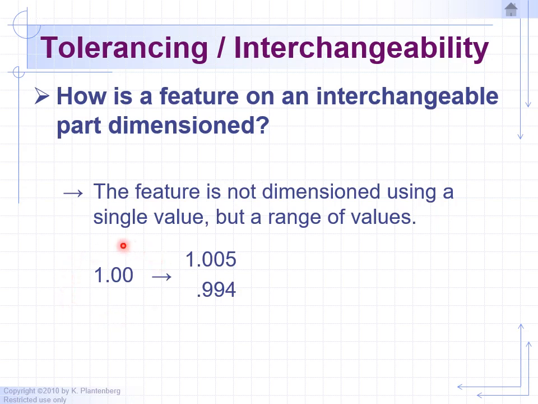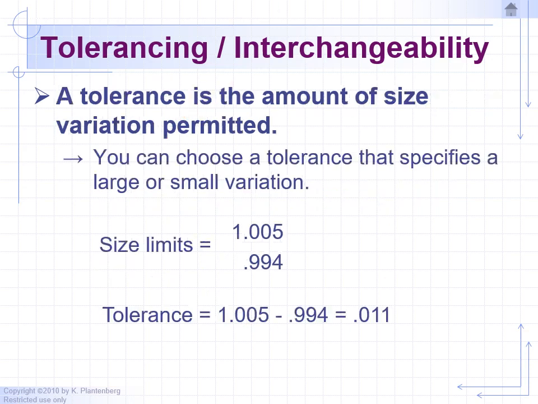So there's no such thing as a part with the perfect length or diameter. There's always going to be something slightly off. So we need to provide a tolerance, which is how much you can be off by. Next slide.